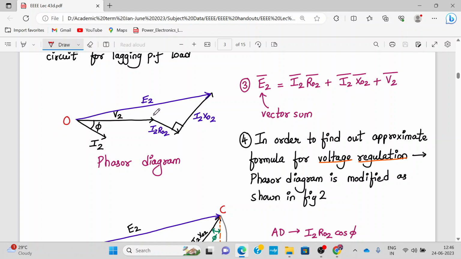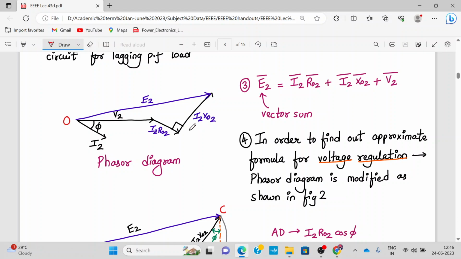So first we draw E2. Okay, so this is the first thing. Then since it is a lagging power factor, I2 is lagging behind the voltage. Now from V2, we have to draw I2 RO2. You draw a vector parallel to I2 like this. So I2 RO2 will come, and then I2 XO2 will be 90 degree leading.